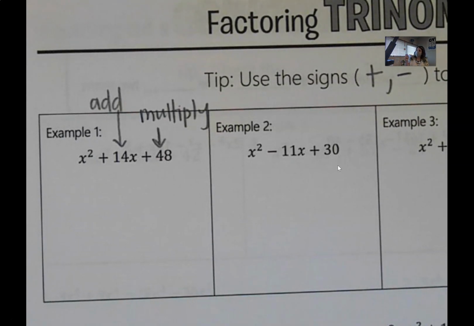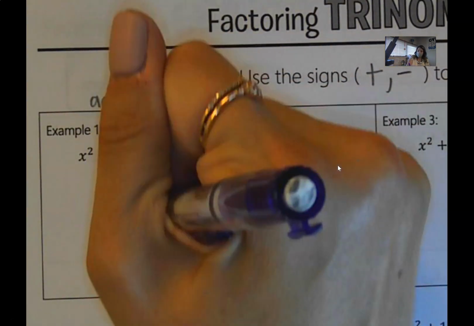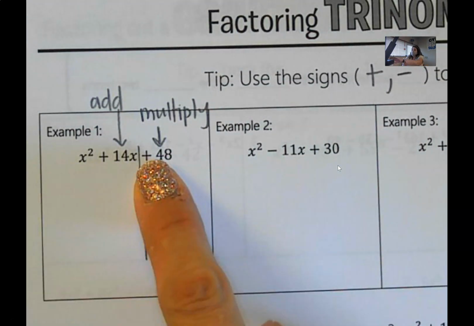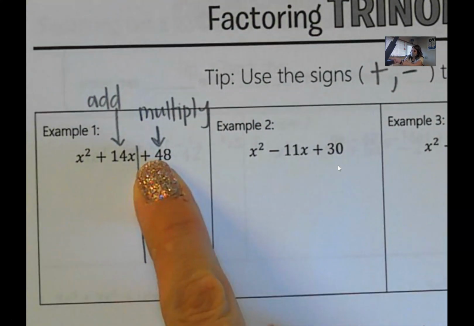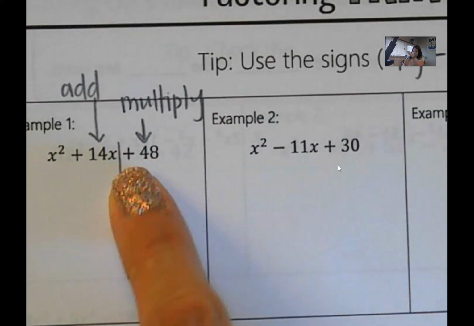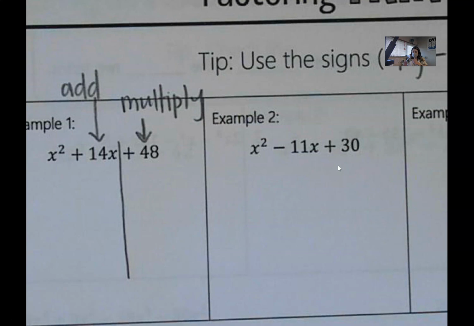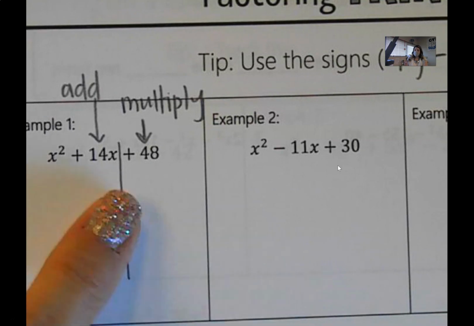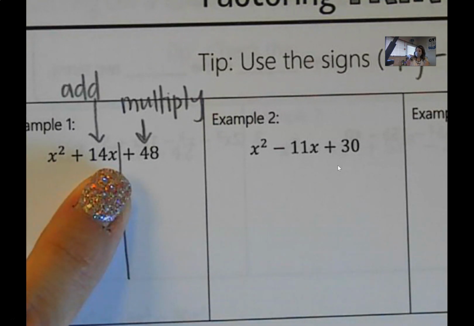So when we do it my way, the first thing that you do is you separate the second and the third number, and you want to make sure that you include the symbol on the last number. So you want to make sure that you have a plus 48. Then this is where that factoring that I have had you guys practice comes in. We're going to list all of the factors of 48.